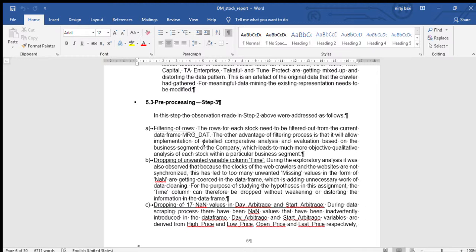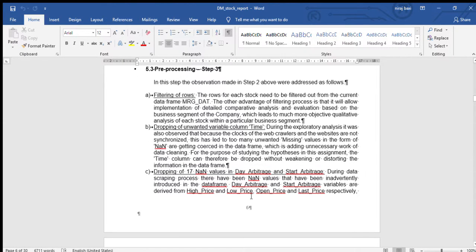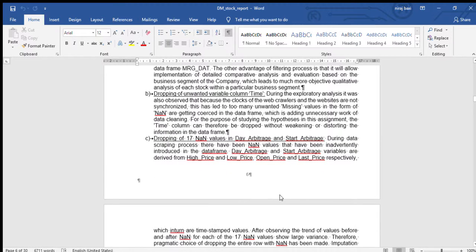Some places the timestamps were there, some places they were not. But now that we have organized the data in rows and columns, we don't need the time anymore, because it is mimicked by the row identifier indices. So we dropped the time, which got rid of all the unwanted NaNs that were coming because of that.